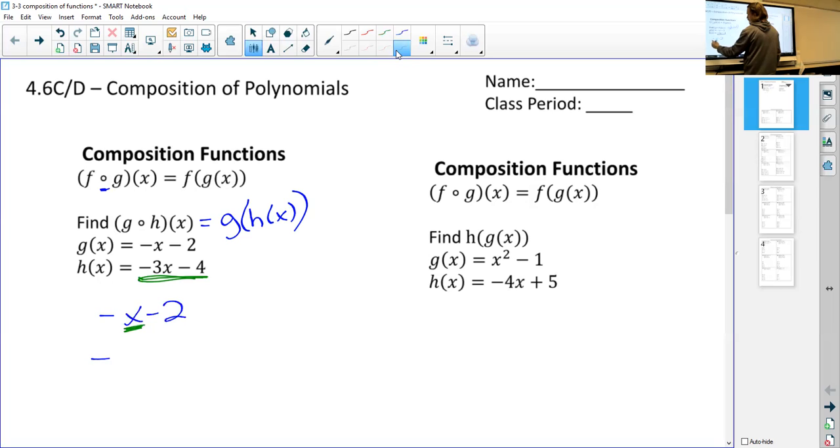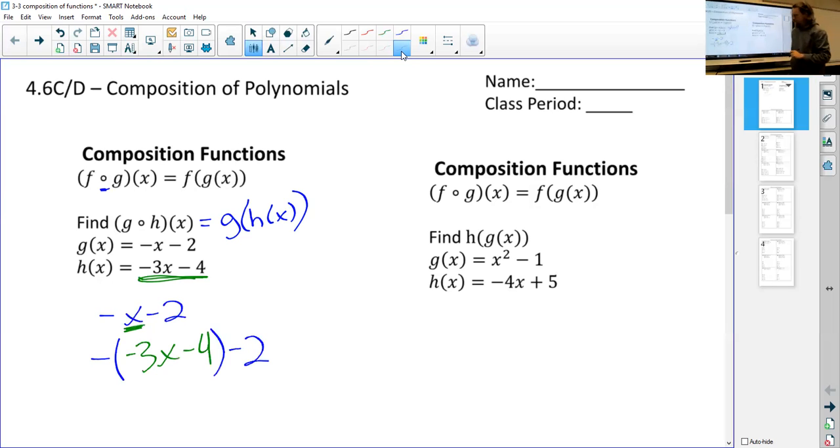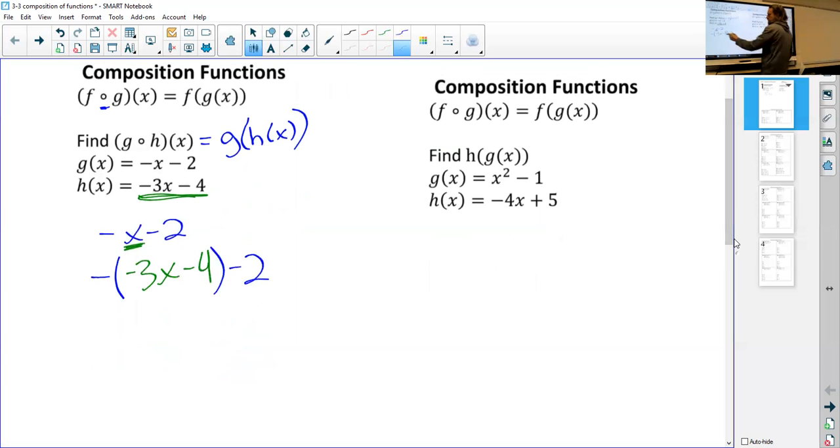Everything else is going to stay put. So negative (3x minus 4), close parentheses, minus 2. Okay? And once we get here, now we're just simplifying. This is just math. So I'm going to distribute through by negative 1. So this becomes positive 3x. Negative times negative 4 is plus 4, and then minus 2.